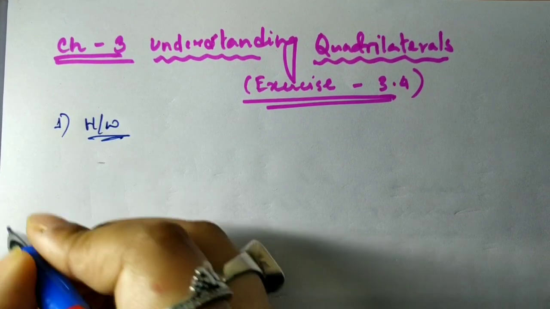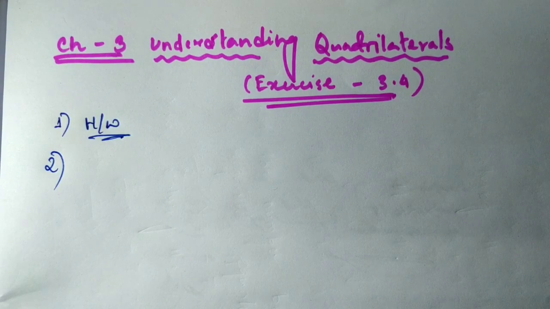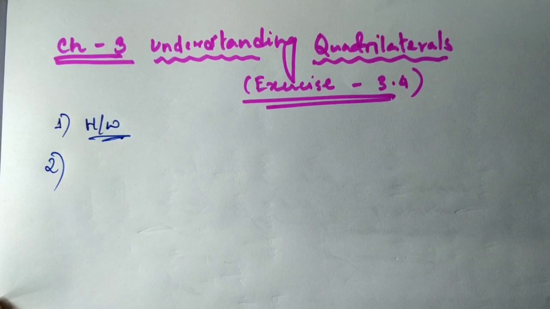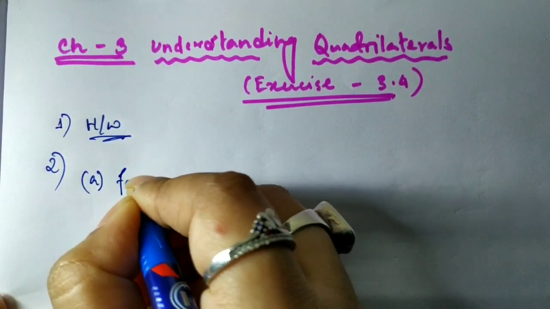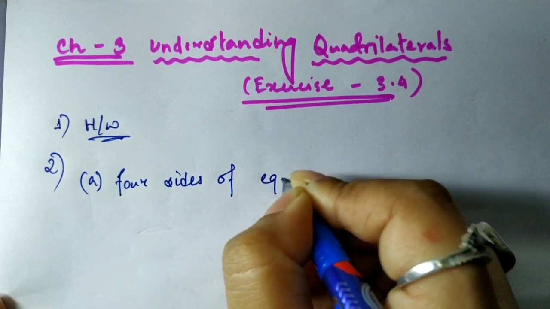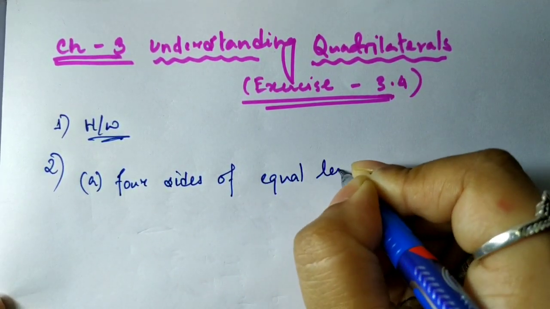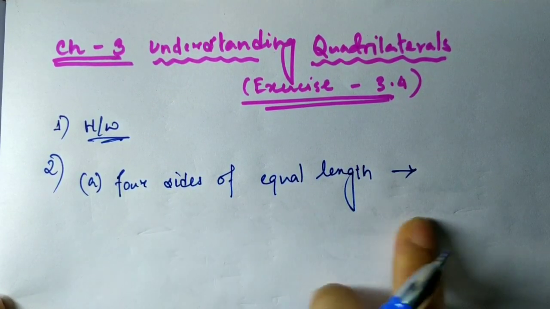So we'll start from question number 2. It is given, identify all the quadrilaterals that have, 1A, 4 sides of equal length. Quadrilateral, all of you know, is a 4-sided figure. So all the quadrilaterals which have 4 sides of equal length.